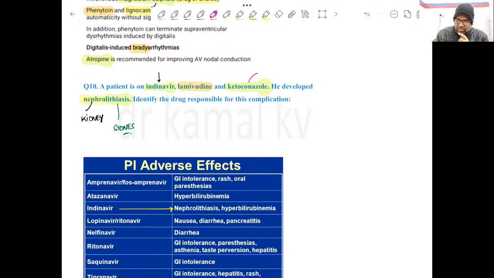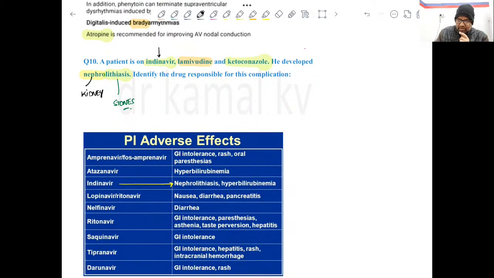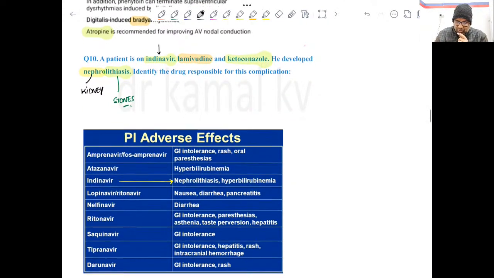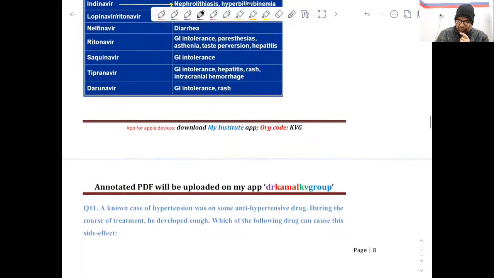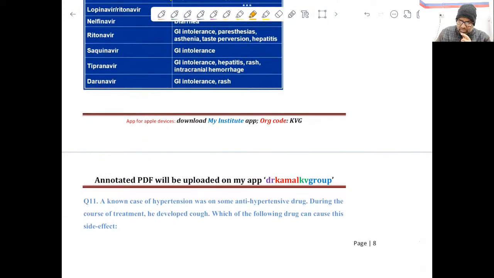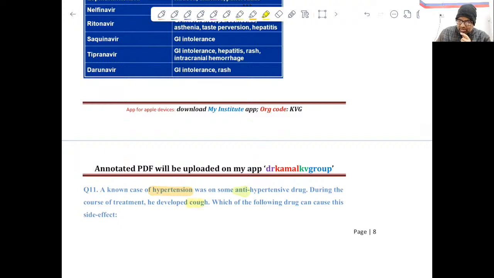Ketoconazole usually causes gynecomastia, although that is not that important here. So indinavir should be remembered in relation to renal stones. Clear? Then moving forward, a patient with hypertension is taking some anti-hypertensive drug, and during the course of the treatment he developed cough.